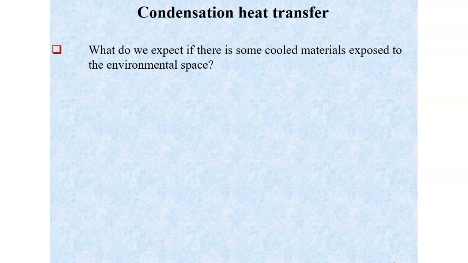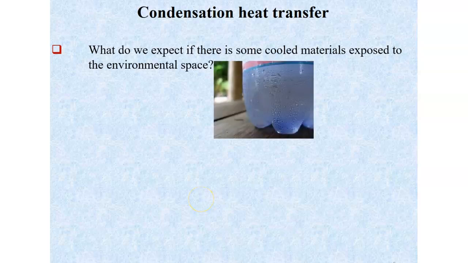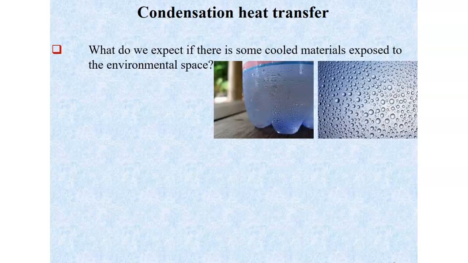Next, condensation heat transfer. What do we expect if there is some cold material exposed to the environment? When you have a bottle of cold water and you put it in a room, for example, you could see that the outer bottle is sweating. Okay, like this. So what is this?